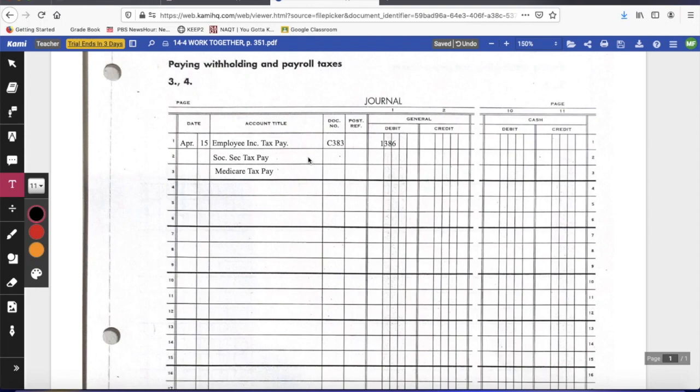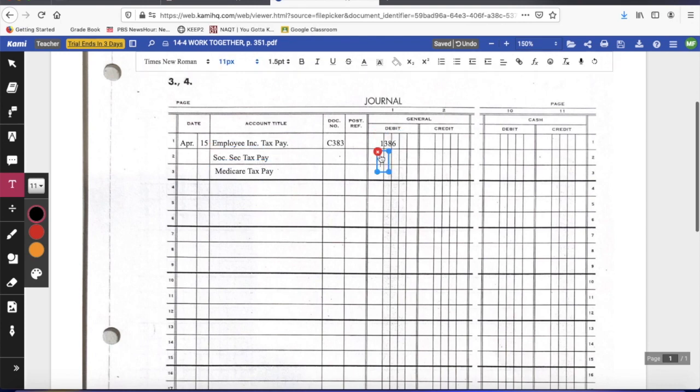Now, since they gave you the amount paid on March 31st, and now we're paying in April, you're actually going to have to add on an additional month for your Social Security and your Medicare tax. So instead of the $819, you're going to take $819 times 2, which is going to give you a total of $1,638.